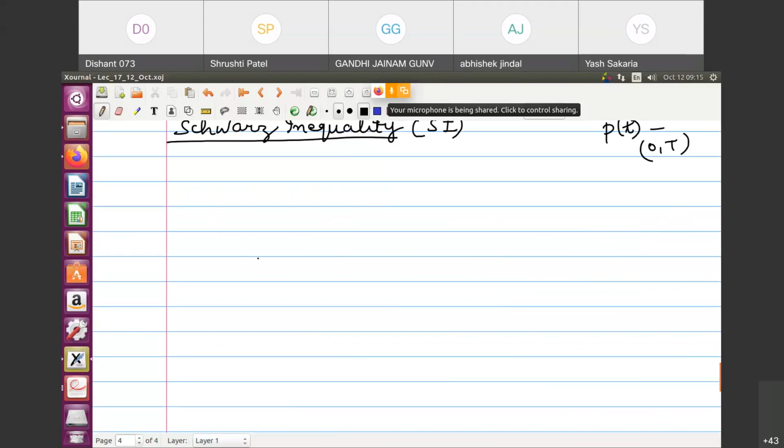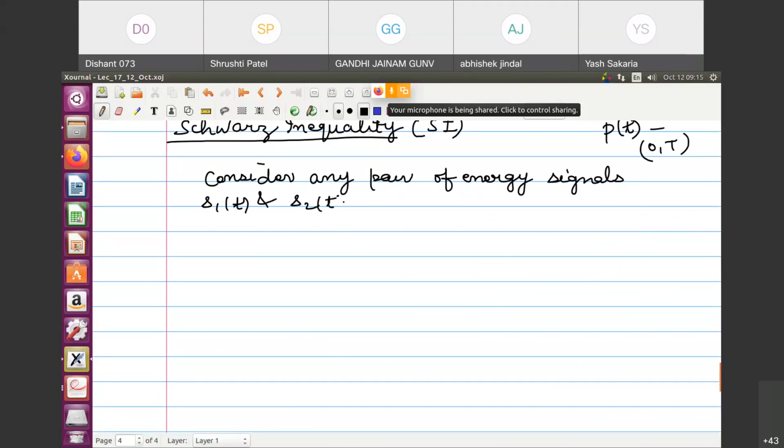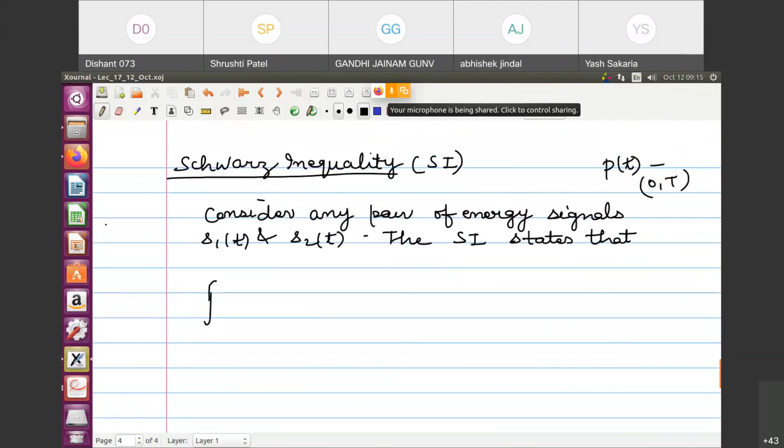So what is the Schwarz inequality? Consider any pair of energy signals S1(t) and S2(t). The Schwarz inequality states that, and this gave us a very good inequality which allowed us to bound. Right now this Schwarz inequality is for minus infinity to infinity.